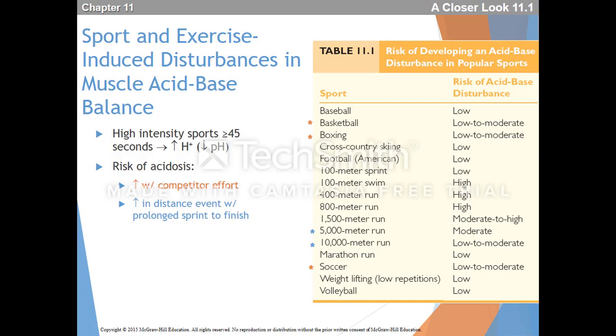Well, as we alluded to on the previous slide, you're more likely to have an acid-base disturbance if you're doing high-intensity exercise that lasts 45 seconds or longer.